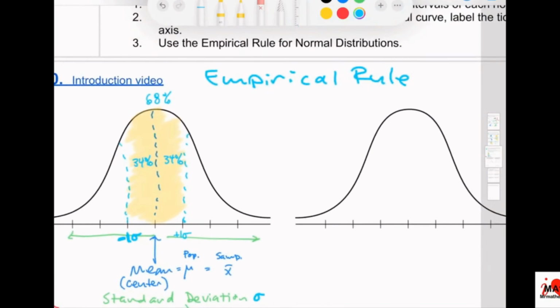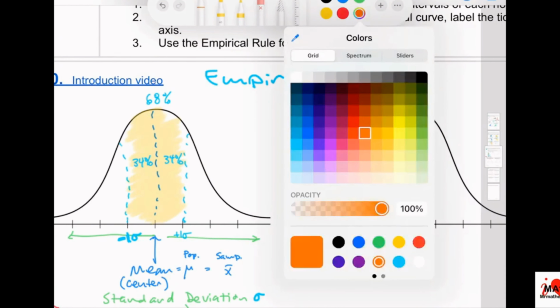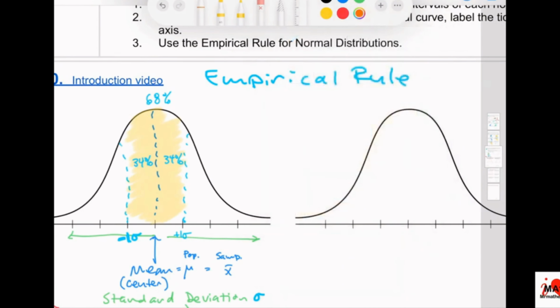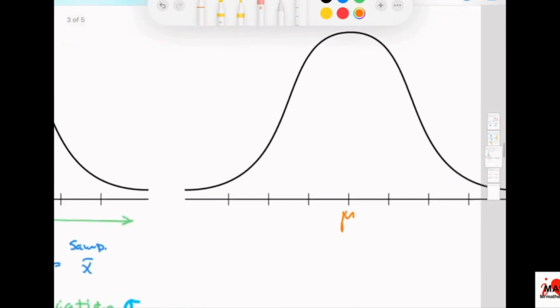Okay, the next part of the empirical rule is within 2 standard deviations, so here again is the mean. This would be a +2, this would be a -2, and in the empirical rule, it's always between 2 standard deviations.